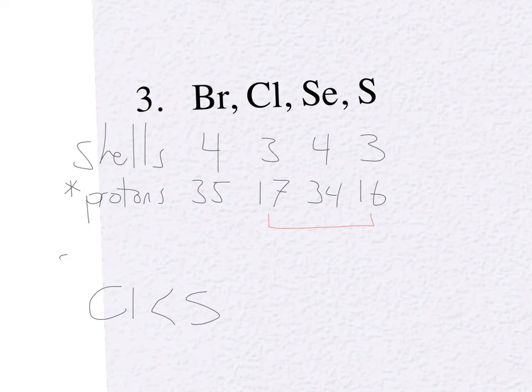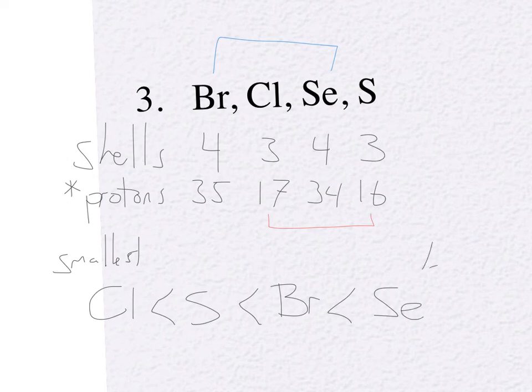Okay, so this is the smallest. Now I can go to bromine and selenium. They both have 4 shells, but bromine has more protons, so it has a higher effective nuclear charge. And then selenium should be the largest.